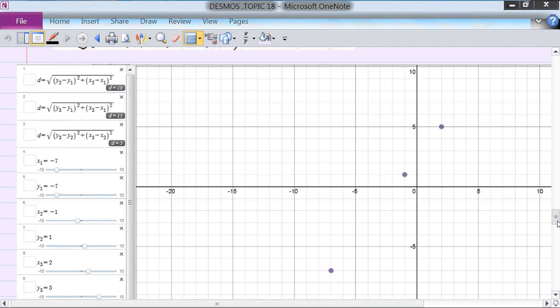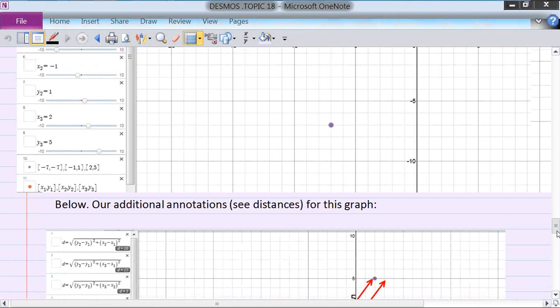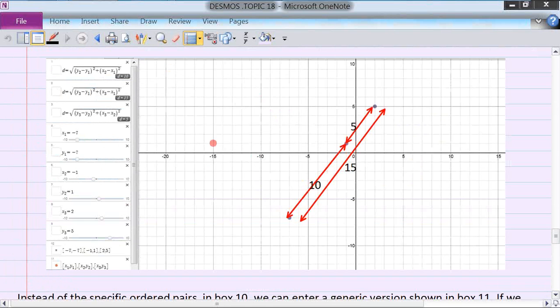So let me give you a little more detailed information. All I'm going to do is copy this onto the exact same thing, but put in this notation which I put in with red lines. So the distance here is 15, the distance between this point and that point.